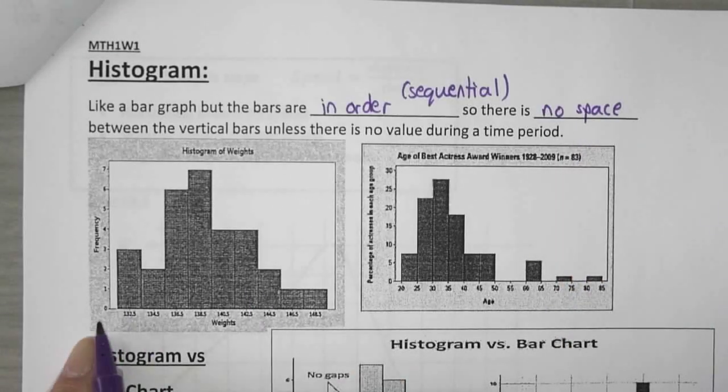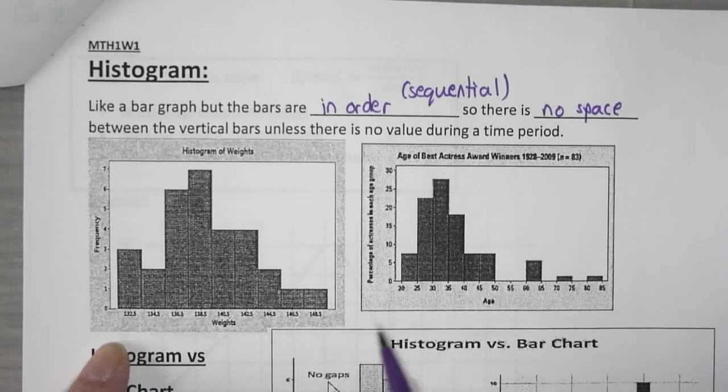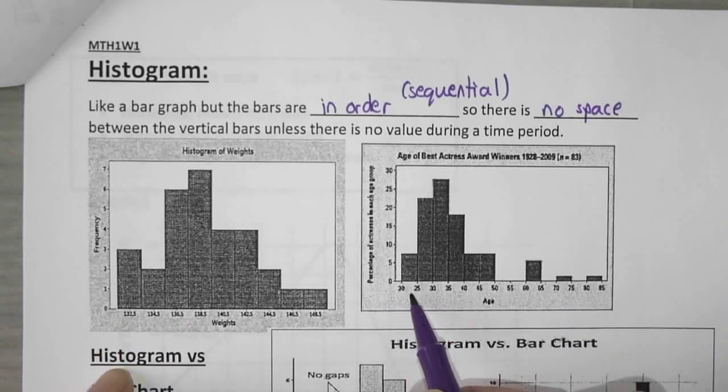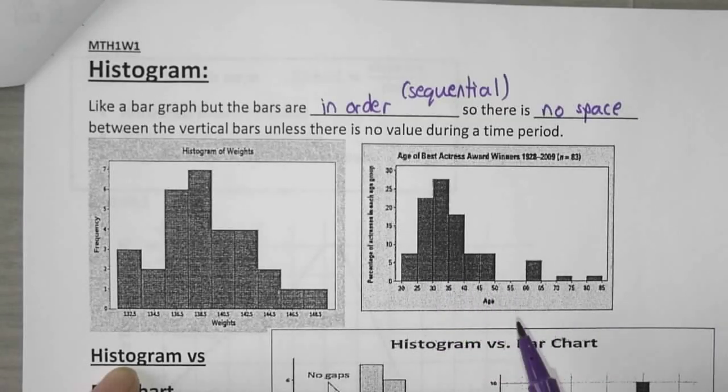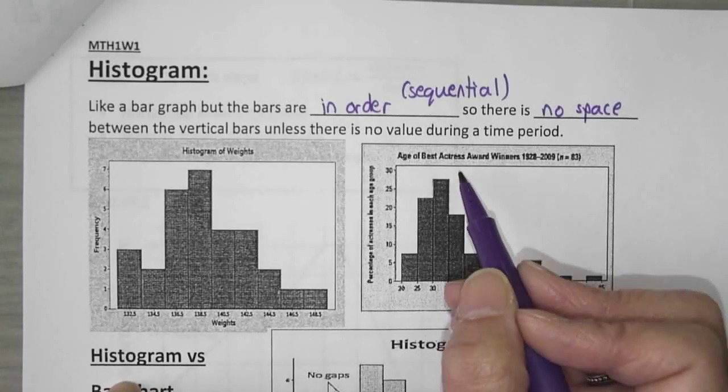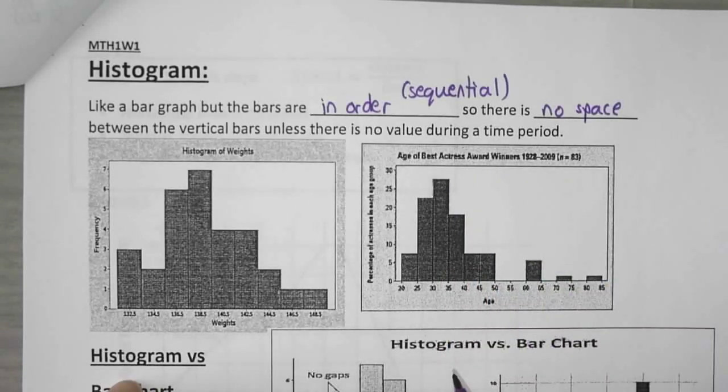You can see these are the weights, but there's no space in between. They could be ages. So how many people are between 20 to 25, 25 to 30? If there is a space, it's because nobody's there. So there's nobody between 50 and 60 years old for the Best Actress Award for that year.